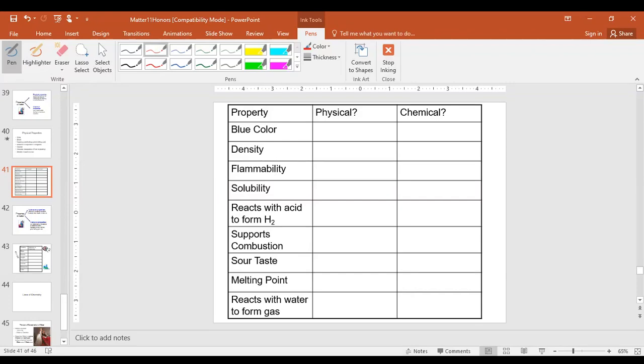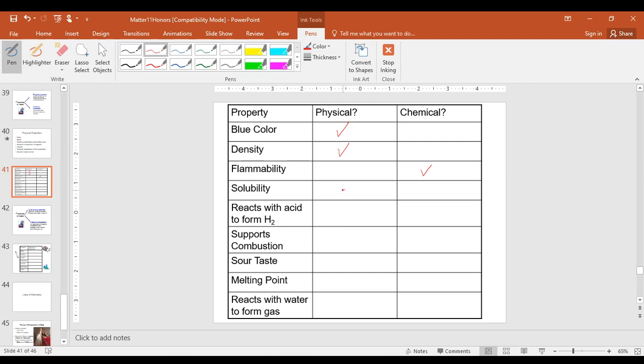Okay, so now I just want to go over these answers so you guys can check. When you look to see what color something is, you don't have to change what you have. So it's physical. Density, same thing. Flammability, you're definitely going to have to change what you have. Solubility, that just means does it dissolve?